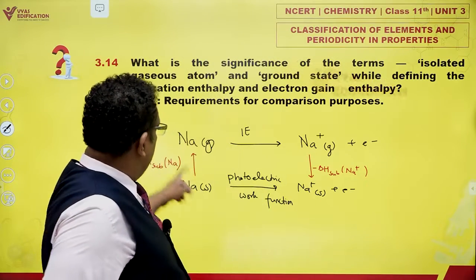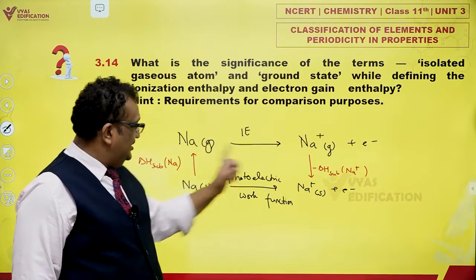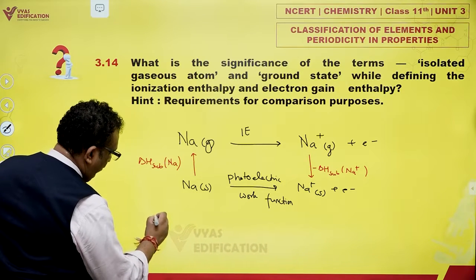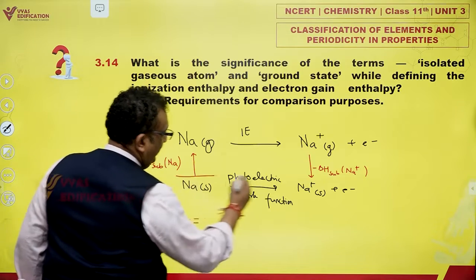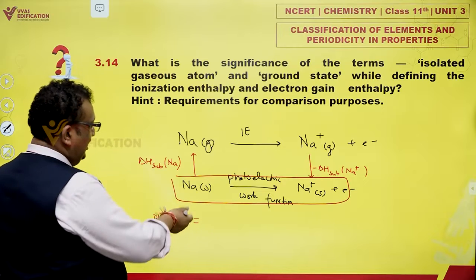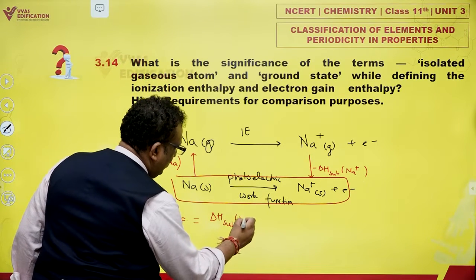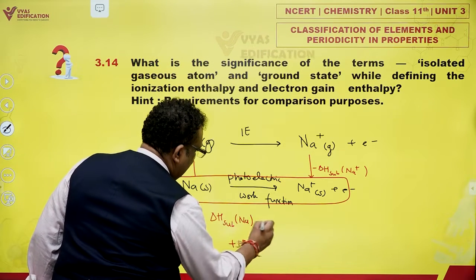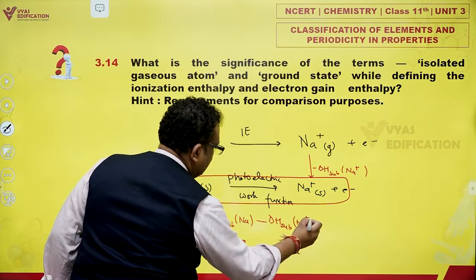Since these two energies are not the same, I'm going and coming back, and since this difference is not zero, the photoelectric work function, going from here to here, is the energy change, and this would be equal to delta H sublimation of sodium plus ionization energy minus delta H sublimation of Na plus.